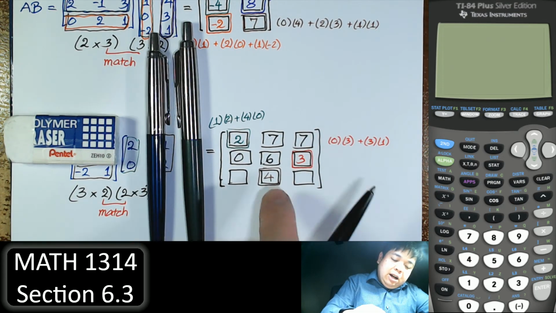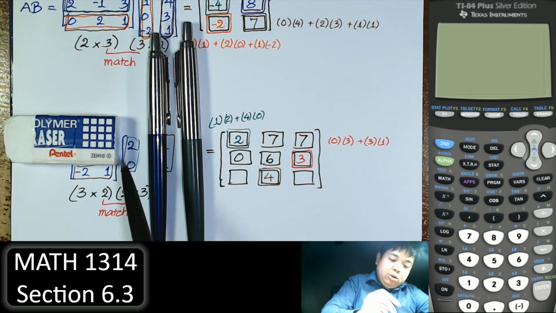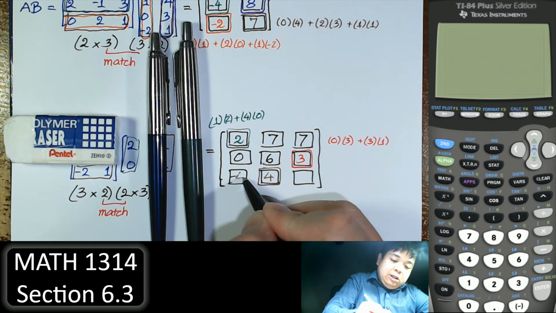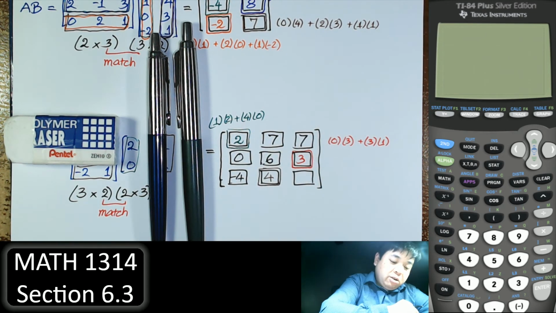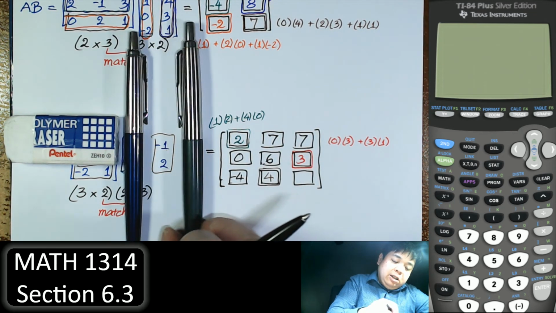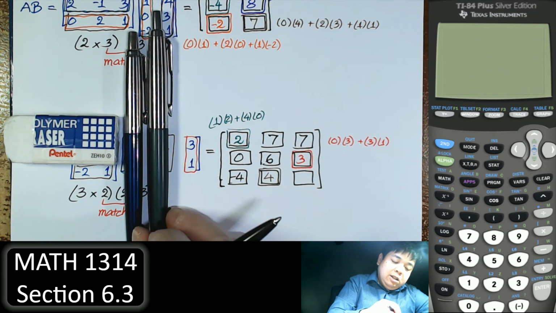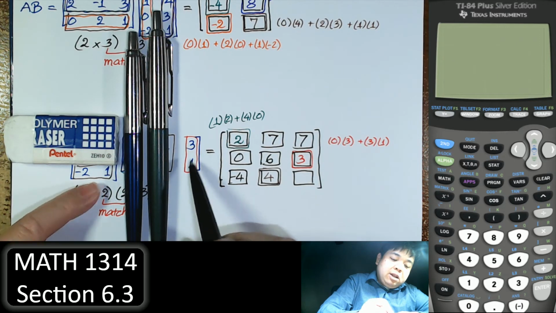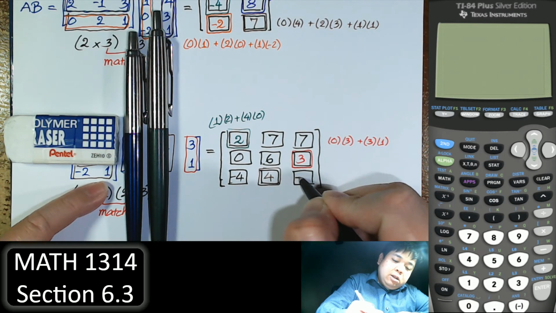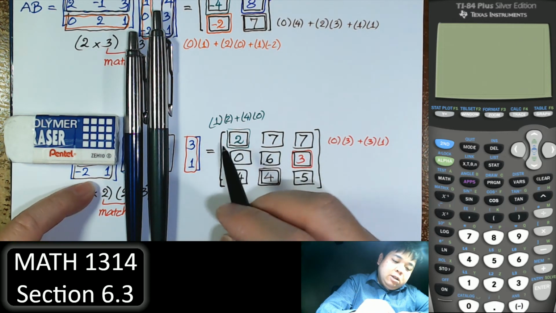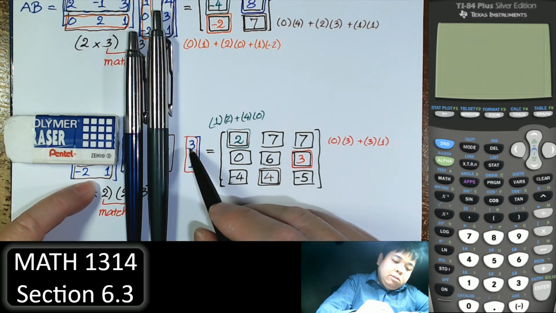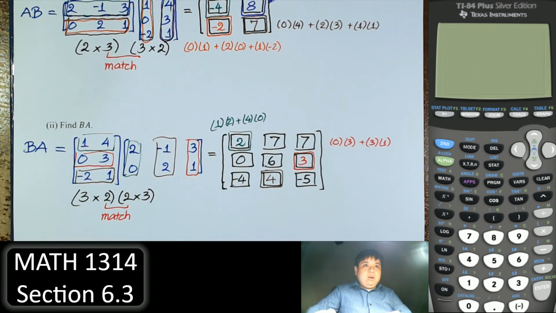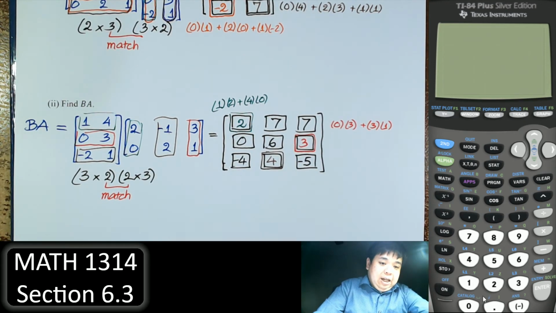And then third row, first column: negative 2 times 2 is negative 4, because 1 times 0 is 0. And finally, negative 2 times 3, negative 6. Negative 6 plus 1, negative 5. Right, that's how we do it by hand.